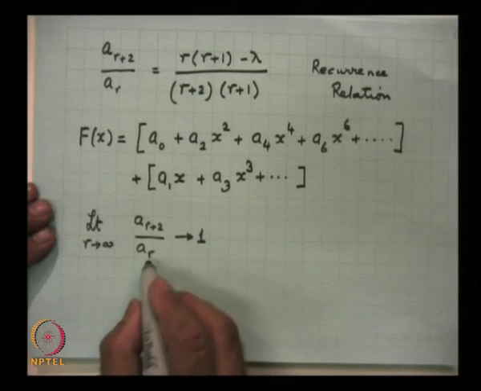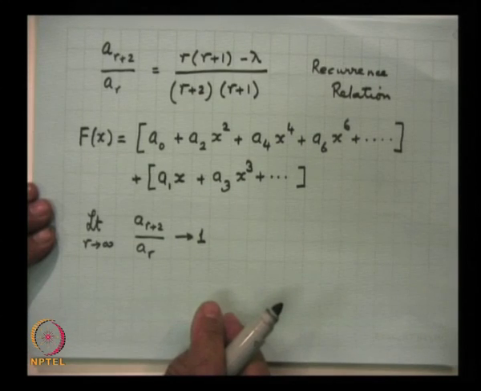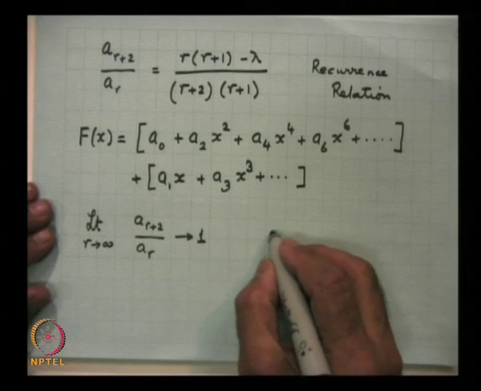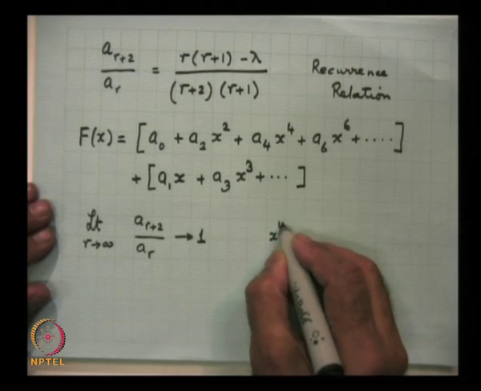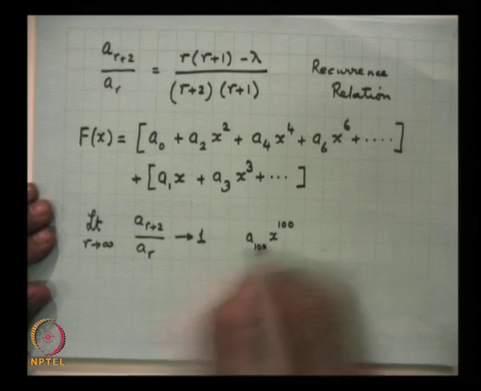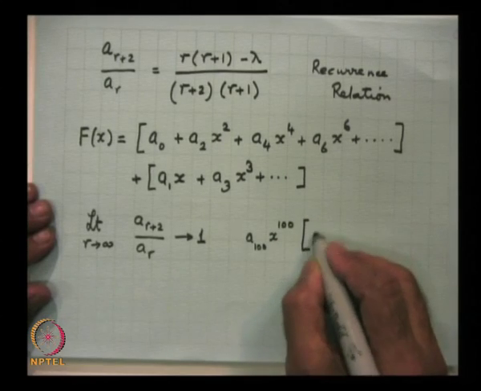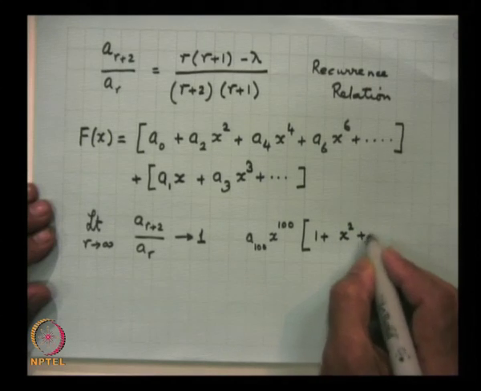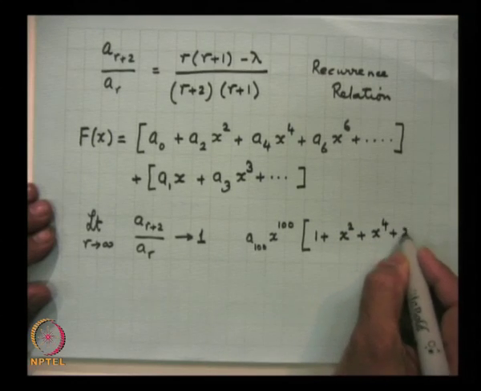If I choose a large enough value of r, let us suppose x to the power of 100, then beyond that all the coefficients are equal. That means, after x to the power of 100, I can write a100 times 1 plus x square plus x4 plus x6.